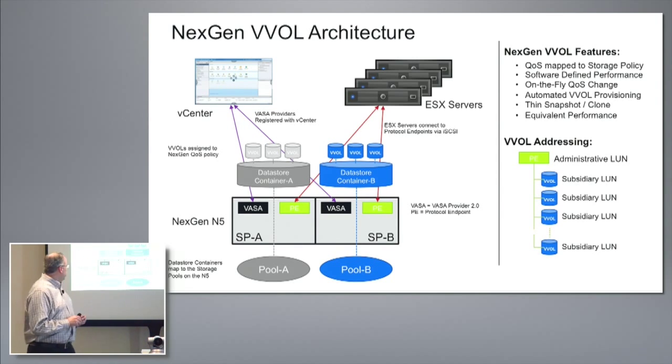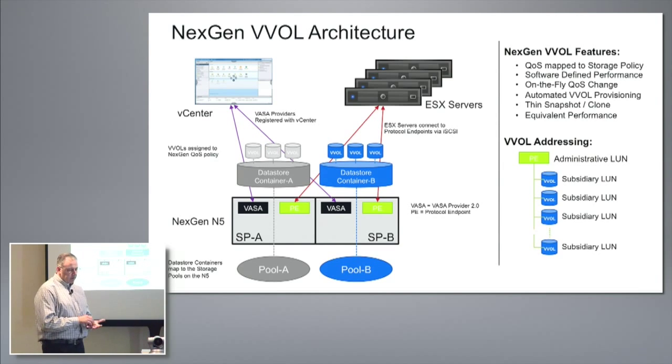You register that within vCenter. And then there's a protocol endpoint running on each storage processor as well. And that protocol endpoint is what the ESX servers are going to connect to, and that's how we present up the virtual volumes.